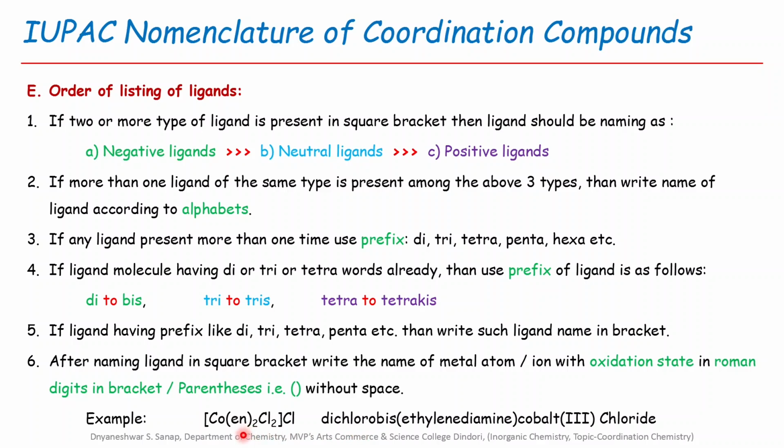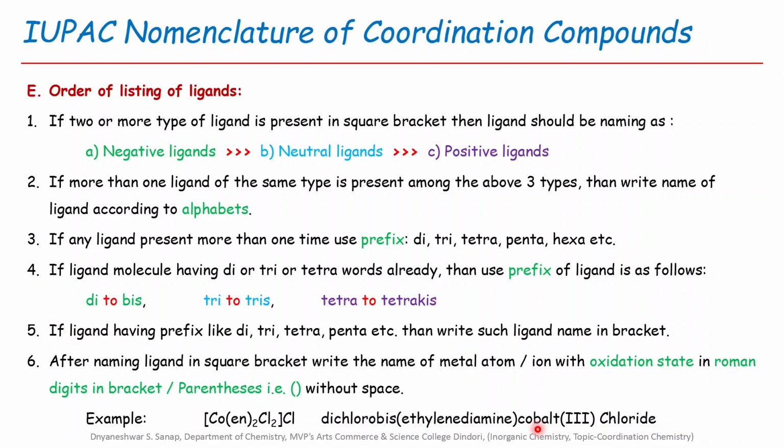But ethylenediamine is a ligand in which the word di is already present in the name of the ligand. That's why according to rule number 4, instead of using di, we use bis as a prefix, and so the name of the ligand is written as bis in brackets, ethylenediamine. The brackets are used according to rule number 5.